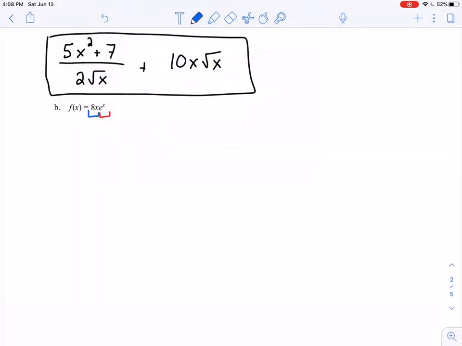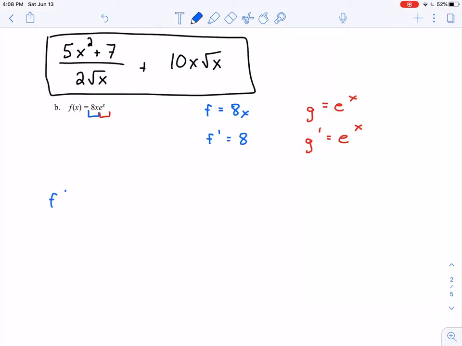So I'm going to call f, that will be 8x, which means f prime is equal to 8. g is equal to e to the x power, which means that g prime is e to the x. So let's apply our product rule here.